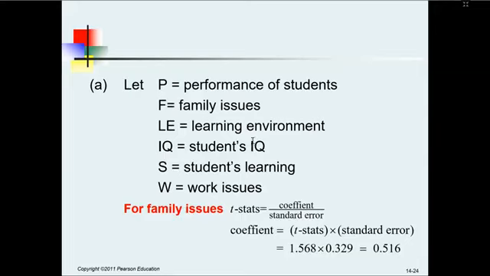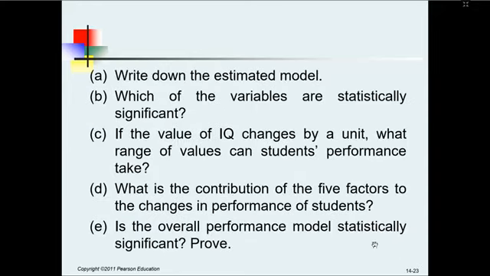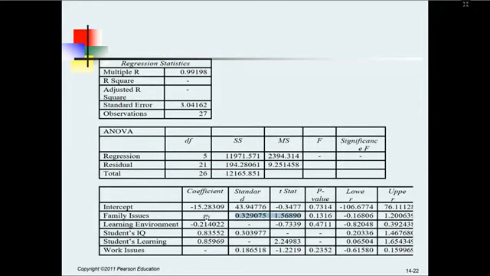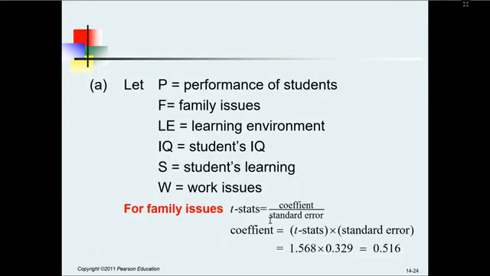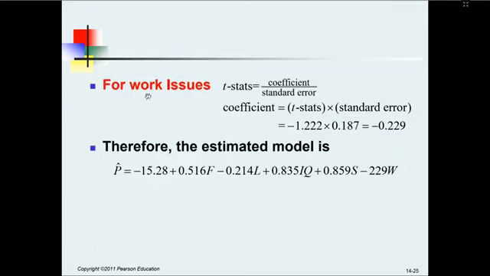Because for family issues the coefficient is not given, we multiply this times this, and that gives us what? 0.516. Yes, sir. Good. So this place is 0.516. Then we also determine that of work issues.